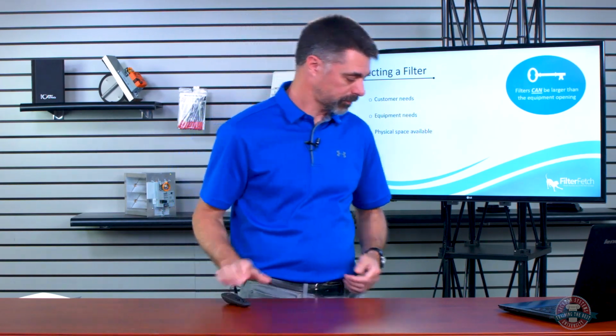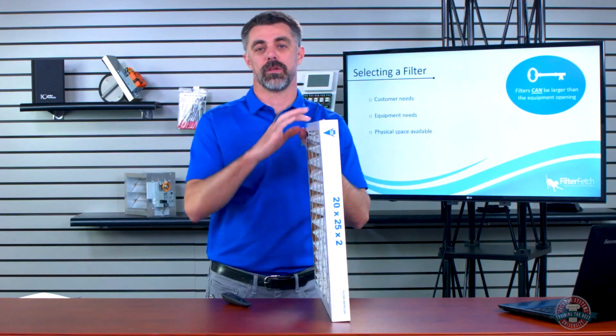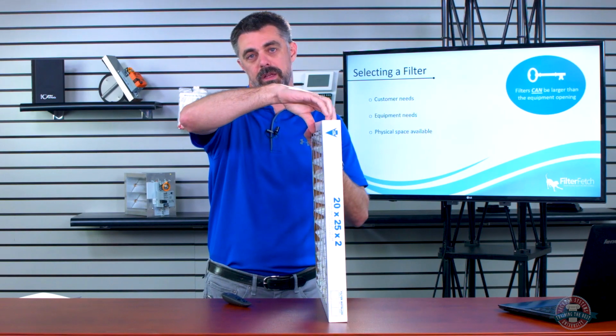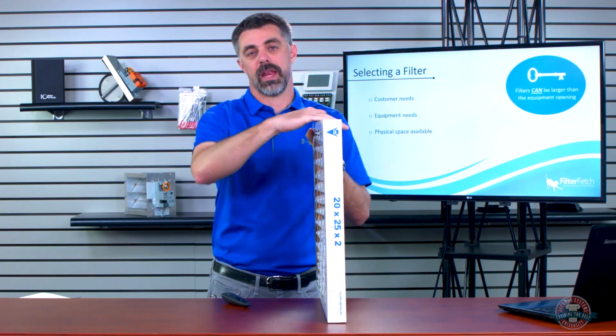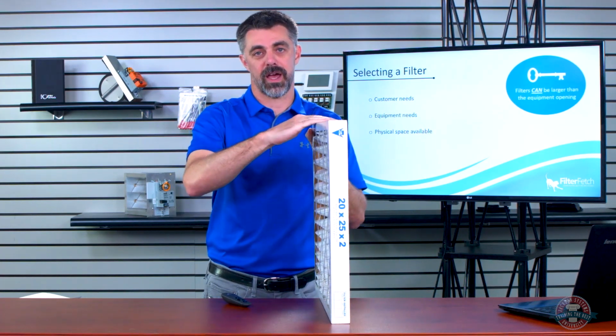If we're putting in a damaged filter, there's a good chance for bypass. So when we put a filter in a rack, we need that rack to seal tight on both the inlet and the outlet side and all four sides all the way around. That way we don't get air bypassing around that filter. We need to make sure it's tight in that rack.